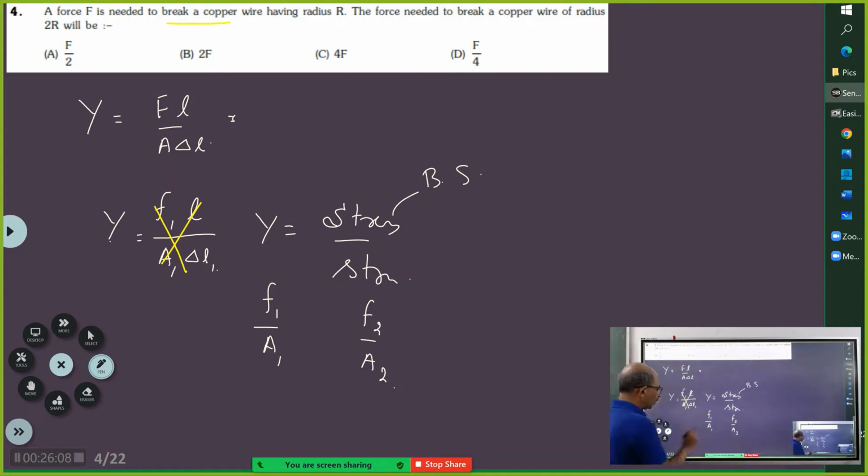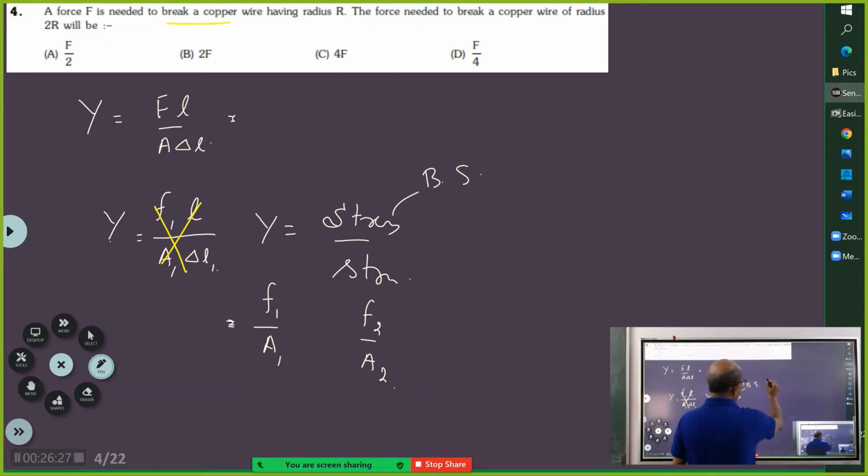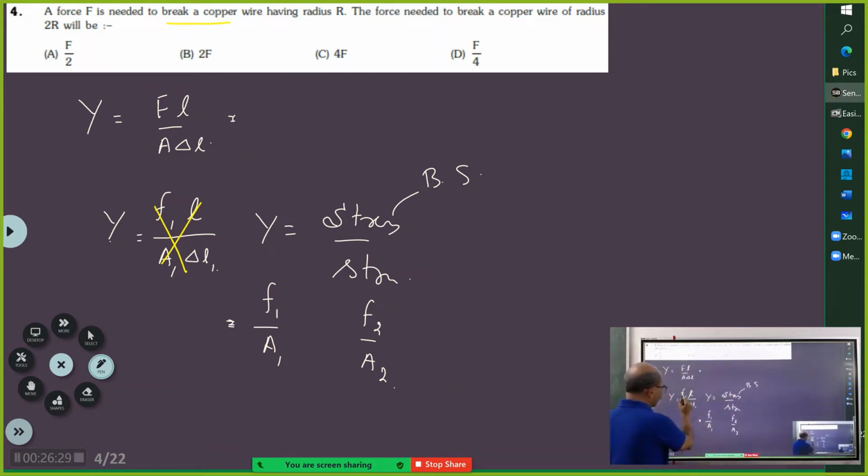Strain is not of consequence. Assume that the strain, delta L by L, is the same for both. So the Young's modulus for both is the same, and it is a matter of F1 by A1 and F2 by A2.